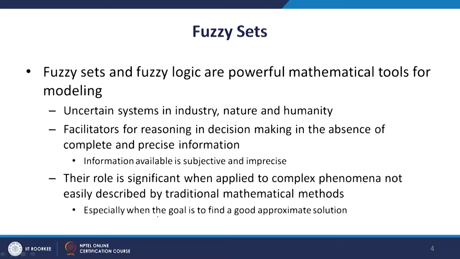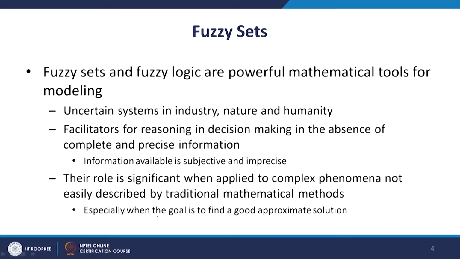They are also a facilitator for reasoning in decision making in the absence of complete and precise information, something that we have been talking about. When the information available is subjective and imprecise, fuzzy sets and fuzzy logic are useful in modeling.